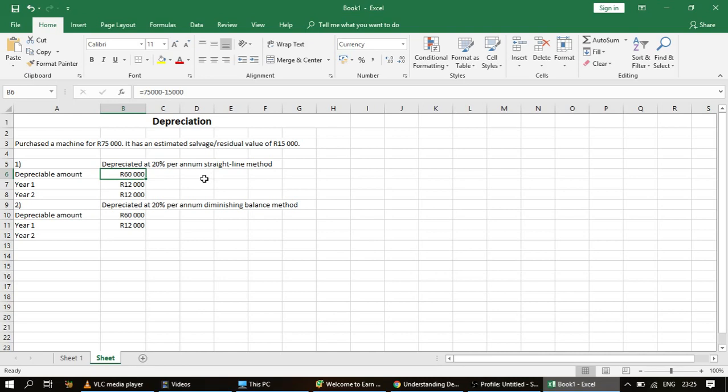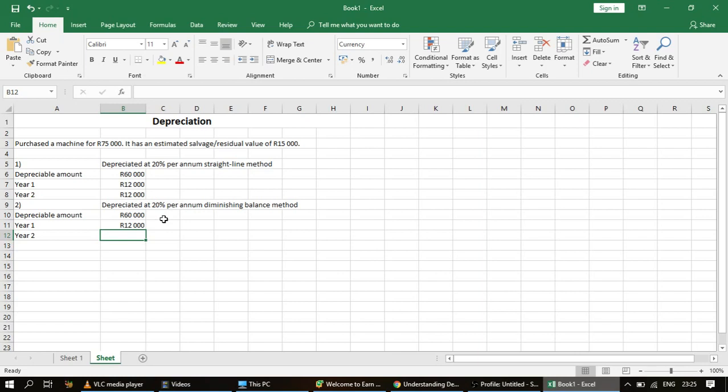So we always use the cost of the asset, if there's no salvage value. But in this case, we use the depreciable amount. So with the straight line method, we'll use the depreciable amount to calculate depreciation for each year. But when we come to the diminishing balance method, we don't use the depreciable amount every year, but we use the carrying value every year.